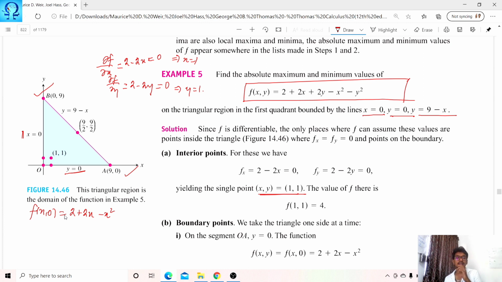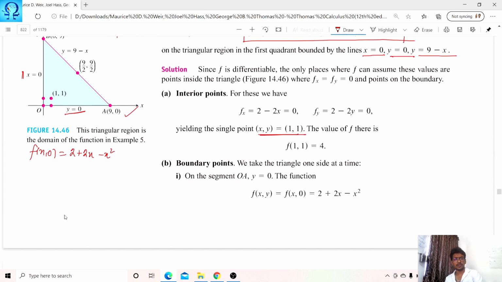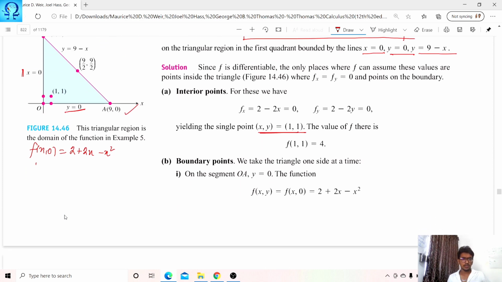Now we may treat this as a function of one variable, and you do your usual calculations. You find df upon dx, and that happens to be 2 minus 2x, and if you equate this to 0, you get x is equal to 1. So the point 1 comma 0 is plotted here.